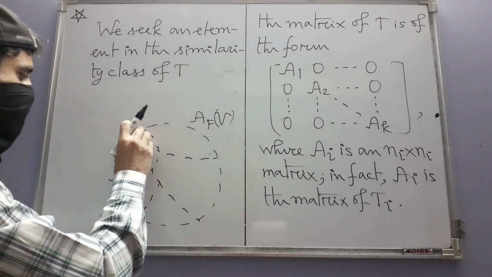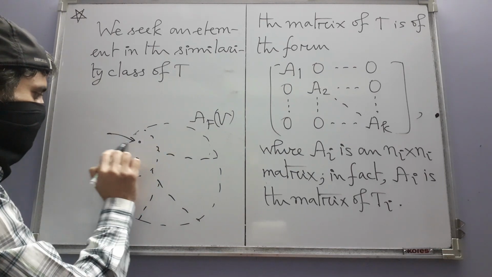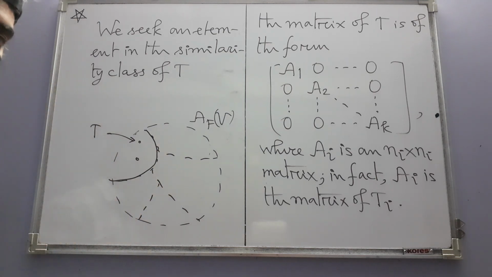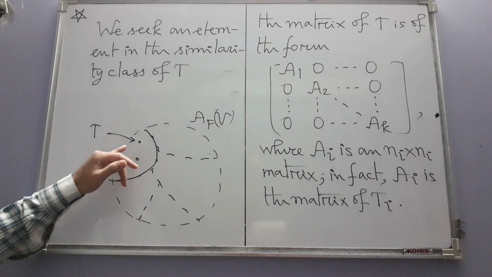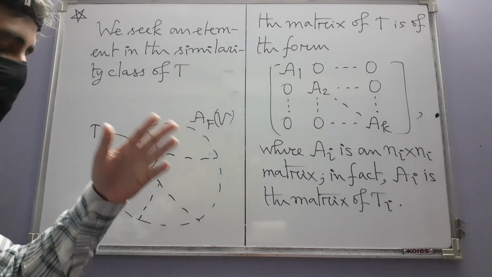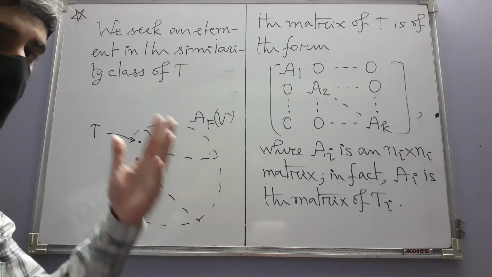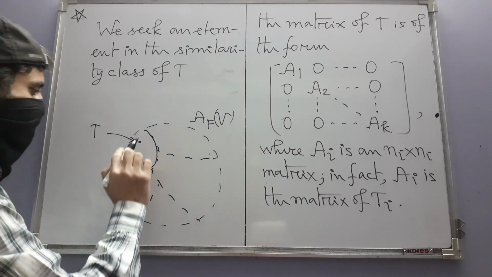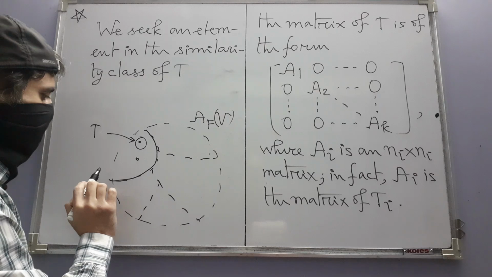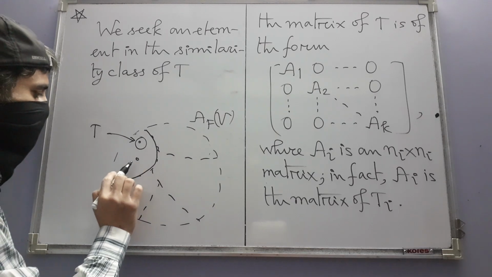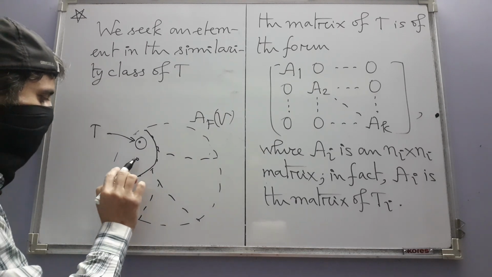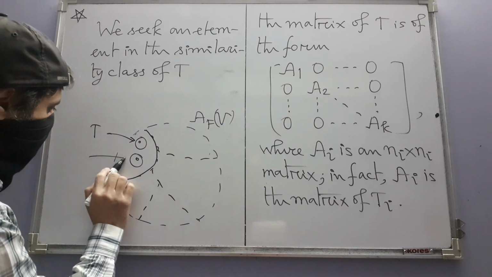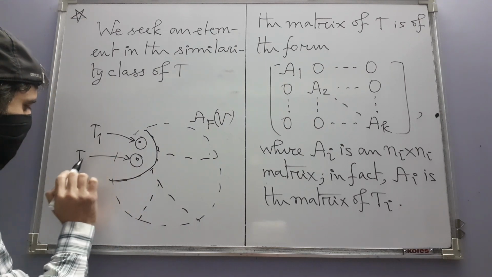Within each class, each compartment, of course, any two operators are equivalent to each other. So if you pick any one operator, say T, and this is one similarity class in which T is an element, and you want to know, I keep on saying, eigenvalue, characteristic root, characteristic vectors of T, then actually it's the same as asking what those things are for any other operator. Say this is T1 and this is T2.